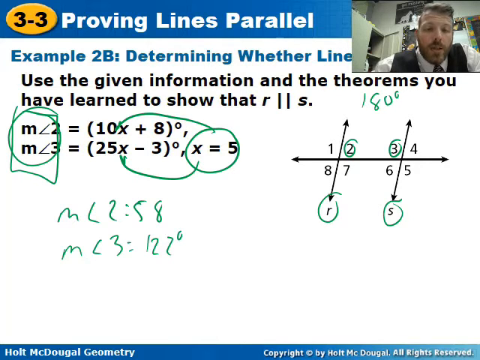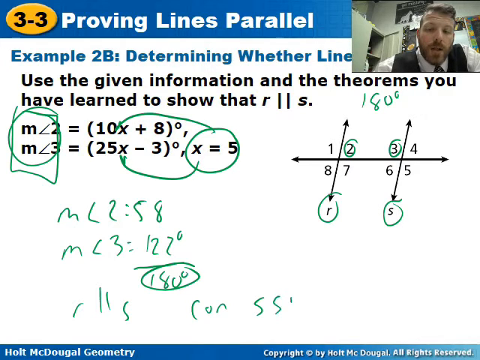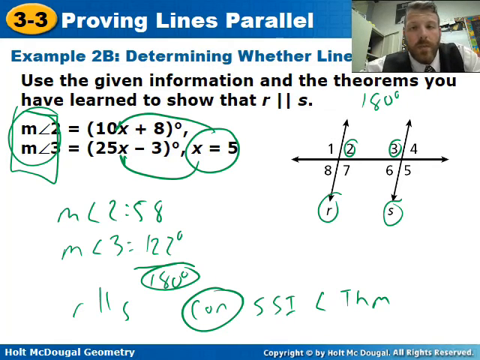You want to check and see if these two add up to 180. When you add them, they do, and so this is a very informal proof. You're going to say then that R is parallel to S because of the converse of the same side interior angle theorem. Okay, it's the converse that's the key here. Converse.